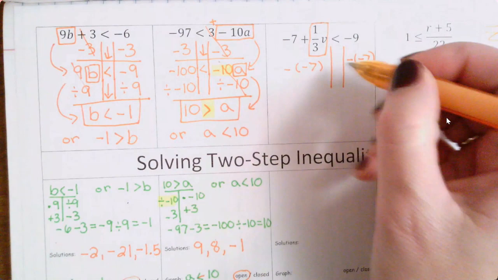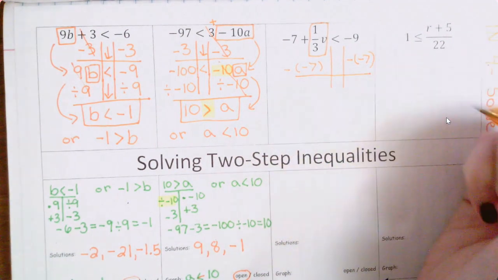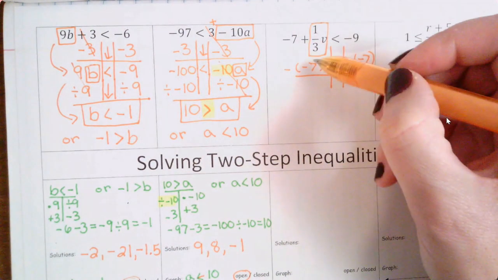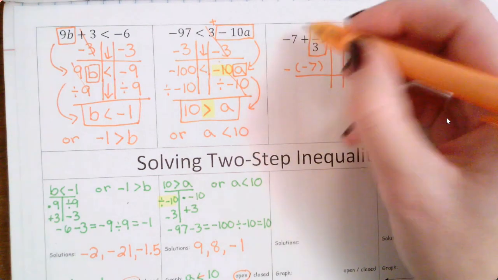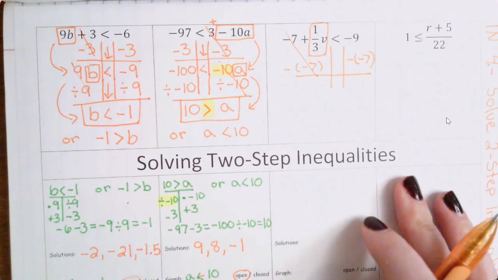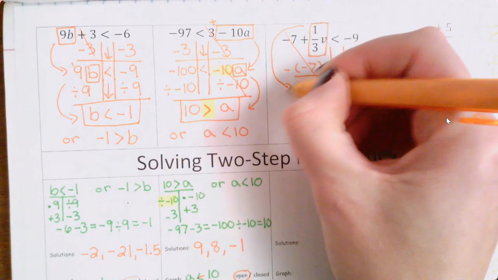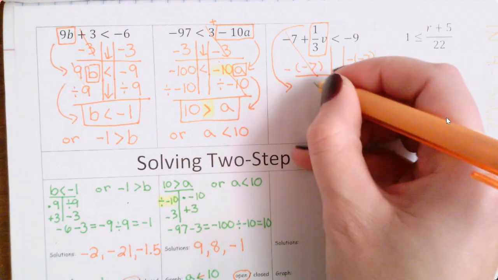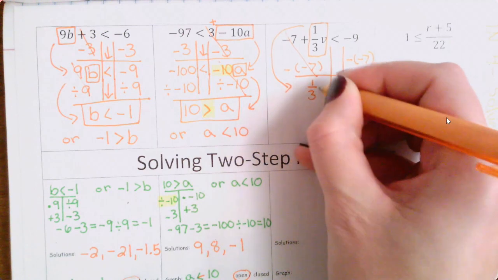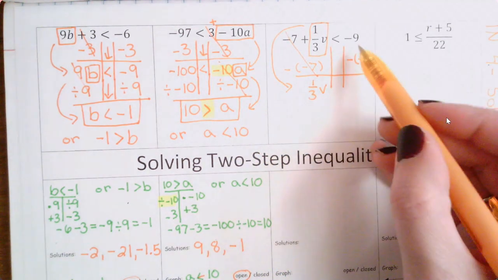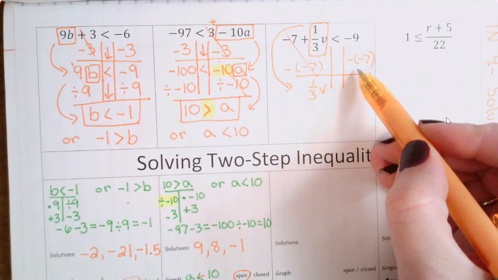So on the left-hand side, the plus -7 minus -7 would cancel out. I would end up carrying down that 1/3 v. And -9 minus -7.